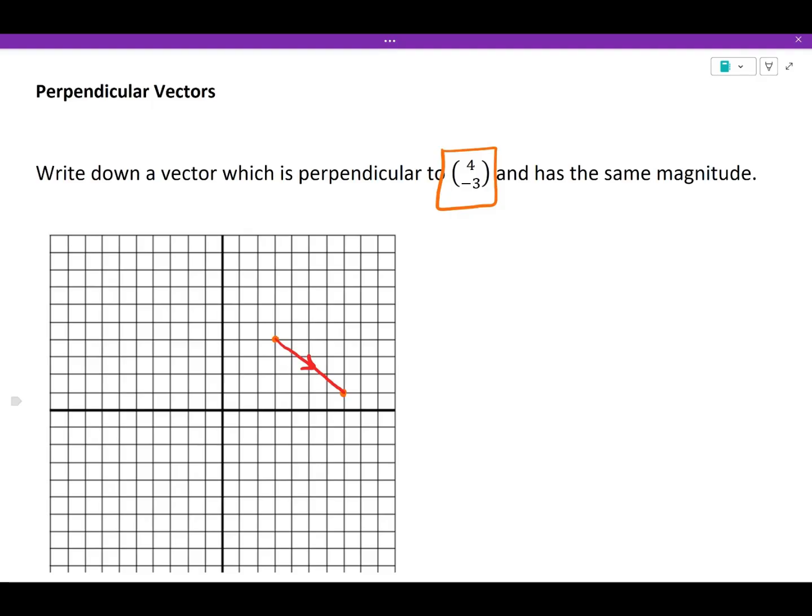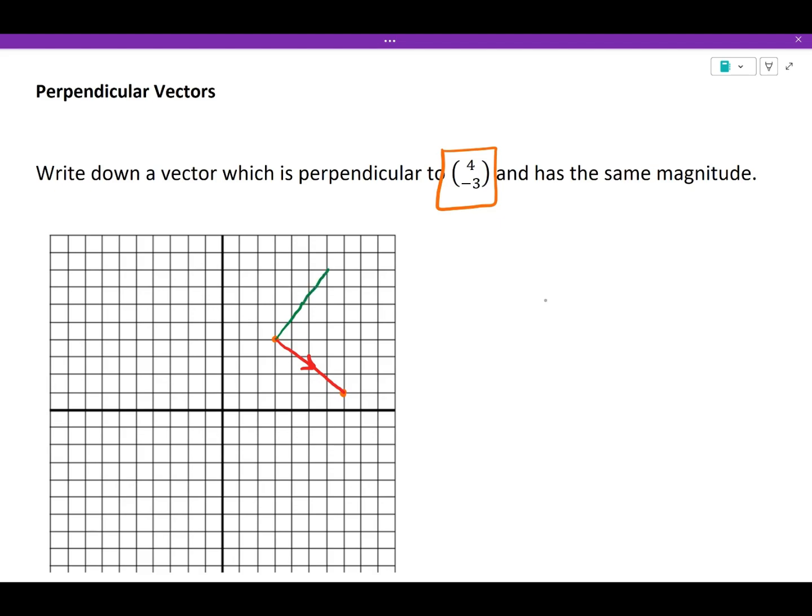So what I'm going to do now is draw a vector which is perpendicular to this, and I'm going to try and make it so it has the same magnitude. If I was trying to draw a vector which is perpendicular, it has to be at a right angle. So I would be drawing a vector going a bit like this.